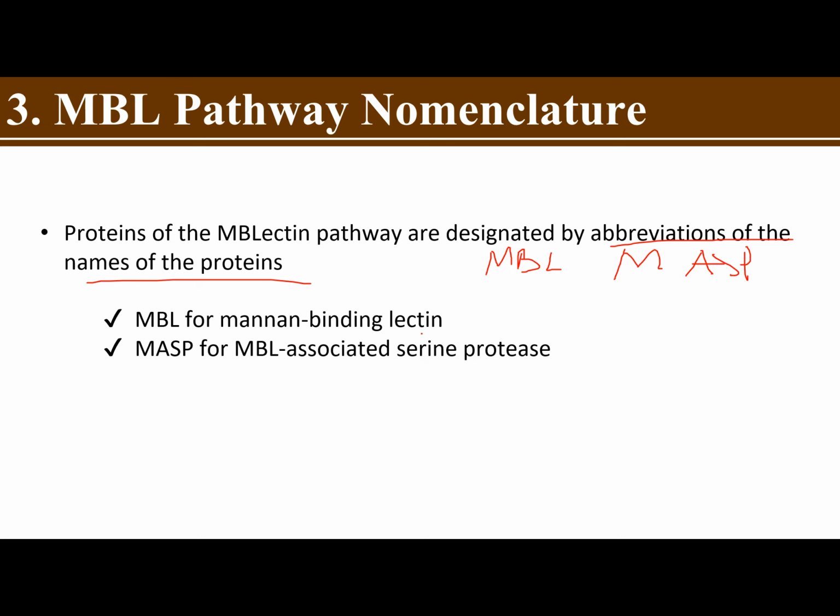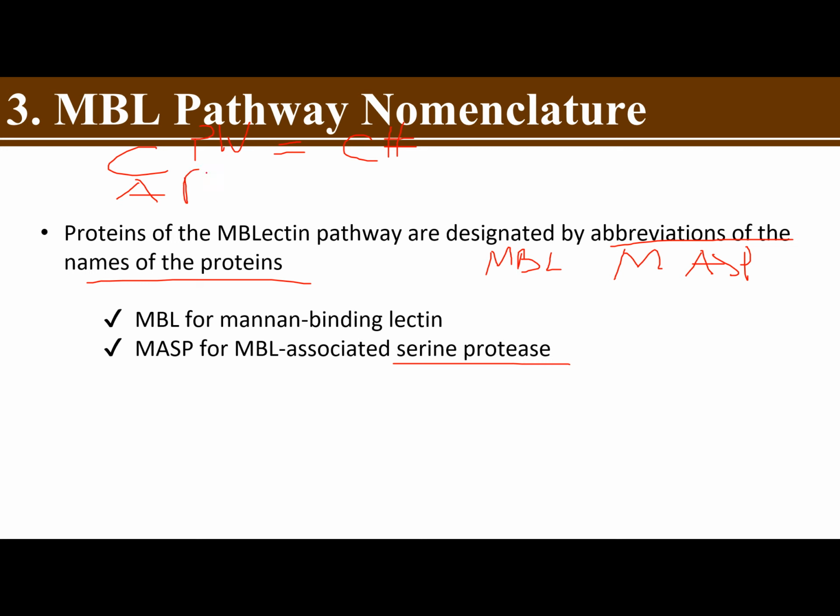MBL would stand for mannan binding lectin or mannose binding lectin, while MASP would stand for MBL associated serine protease. So just a recap, let me repeat. If it's the classical pathway, you would write it by using the capital letter C followed by the number of their order of appearance.